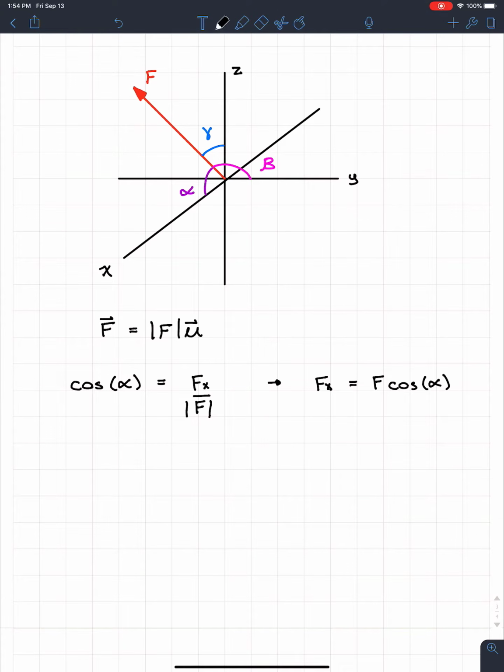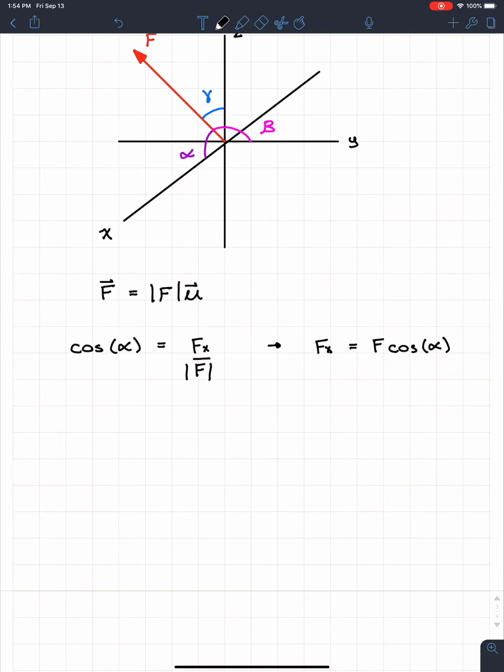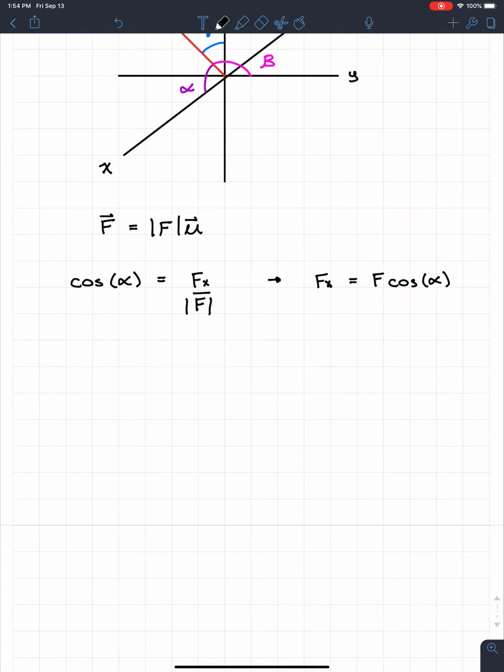And that's all you have to do. It's nice and simple. So for this scenario, what you can state is that Fx is going to be equal to F times cosine of alpha.